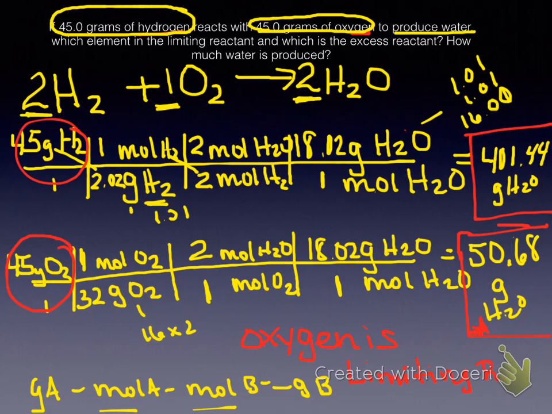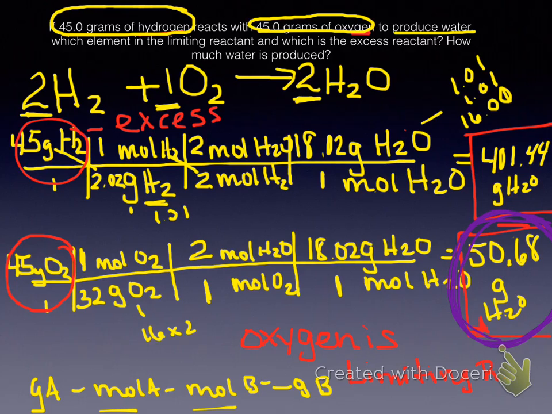That means that hydrogen is the excess reactant. And as for the amount of water produced, that would be the 50.68 grams. That would be how much water is produced before the reaction comes to a stop.